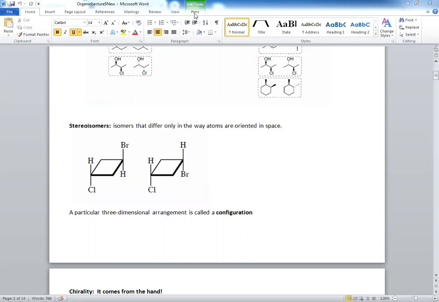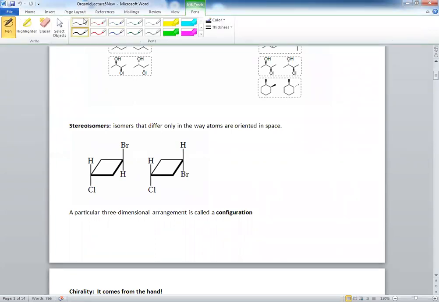Okay, let me get the pen to get working here. So again, these are on different sides. Look at the chlorine right here and look at the bromine. This is trans, but they are on the same side here, so that would be cis.